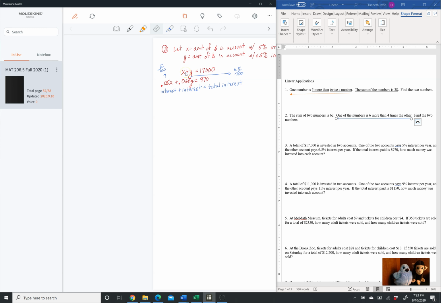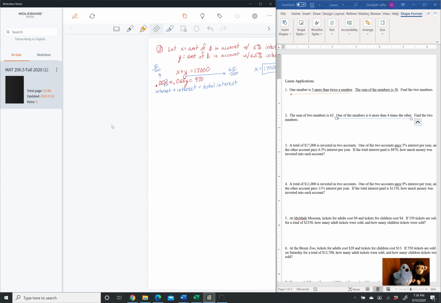And what we get when we solve for x is that x is equal to 17,000 minus y. So we can just subtract y from both sides. And then what we get is 17,000 minus y is going to be substituted in for the x in the equation with interest.